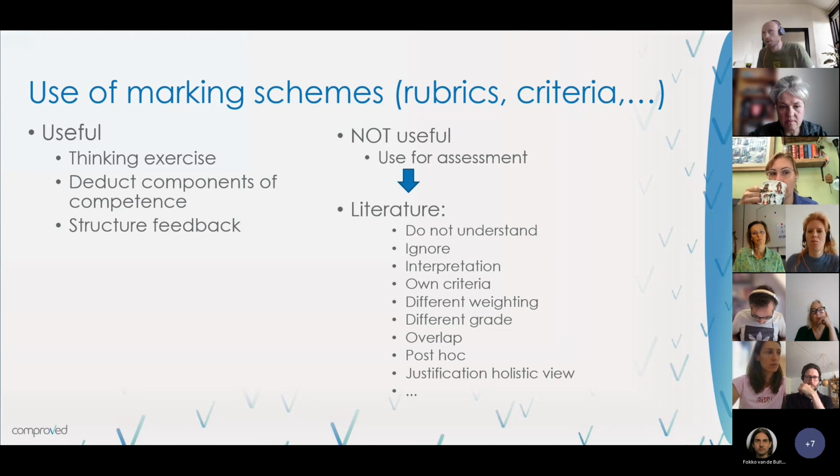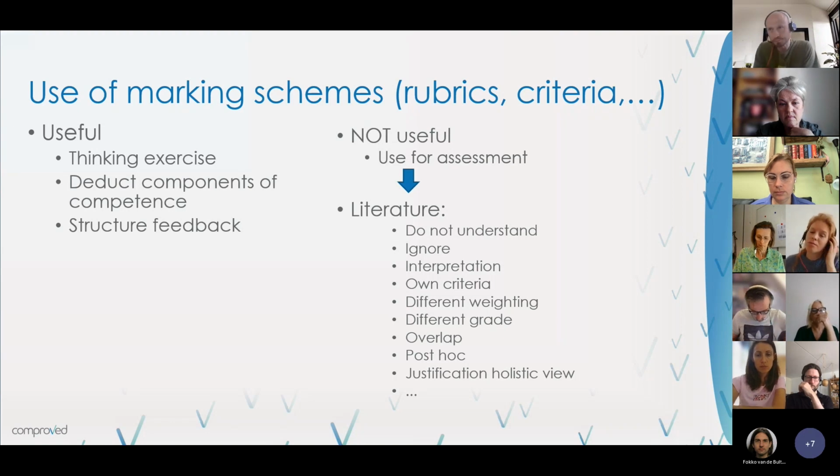Sometimes they ignore some aspects of criteria. If you ask them what their interpretation is of a certain criterion, it's sometimes completely different from others in the session.